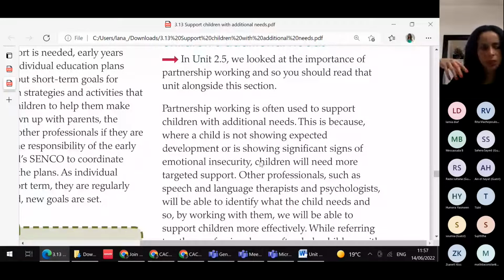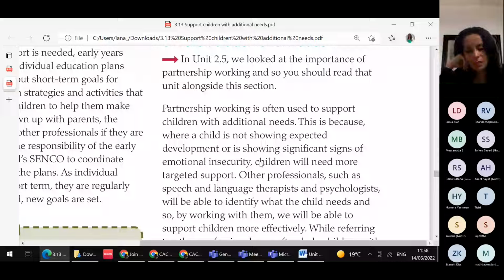We monitor the child, we observe them after they are 2 years old. If the child is not progressing like other children in his age group, we compare them. And if he's not progressing, then we have to work in partnership. First of all, we need to work in partnership with his parents because they are the closest to the child. They can give us lots of significant information about the child's development. And also we need to work closely with other professionals like doctors, nurses, and so on.